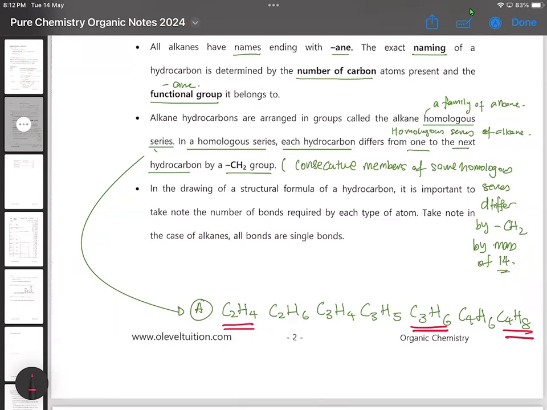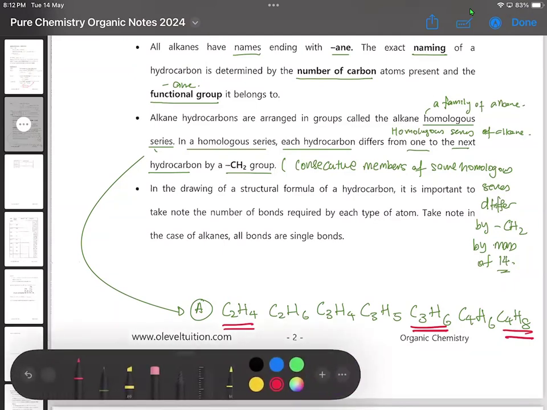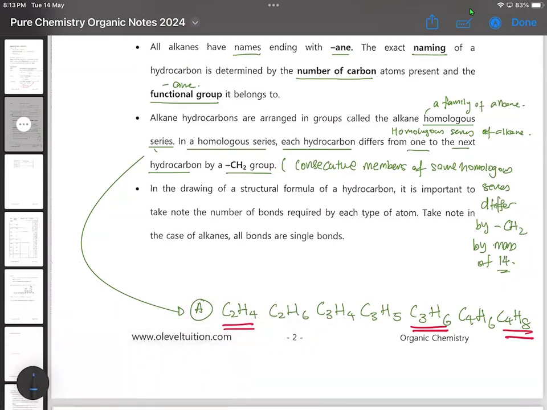Even if you do not know what the substance is, it doesn't matter. You're supposed to be able to know that when you move from one to the next, they differ by a CH2 group. Others that also belong to the same group: you might have seen C2H6, the next member should be C3H8.